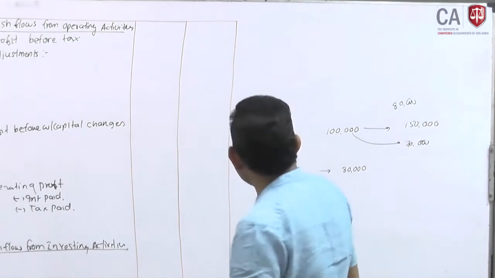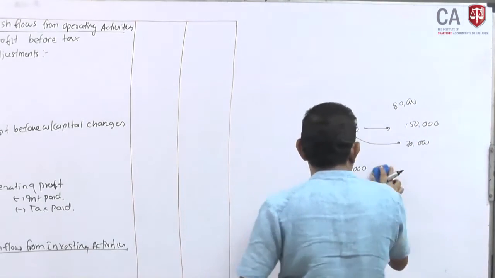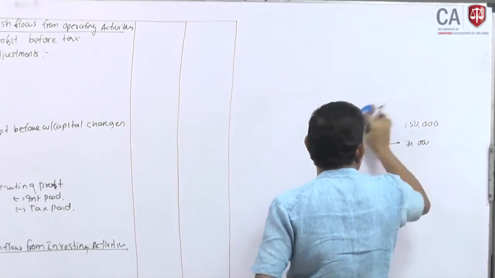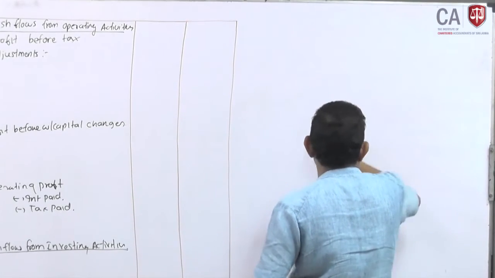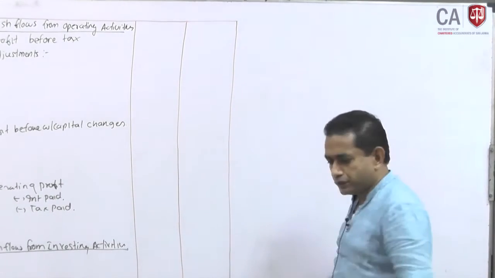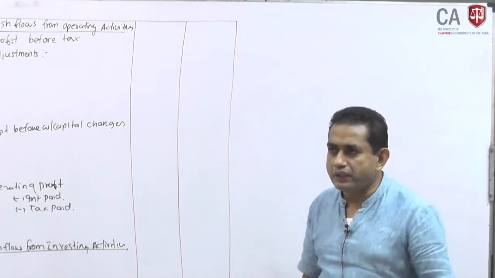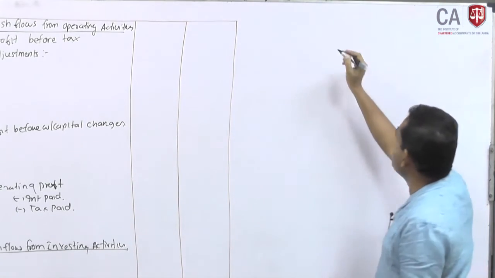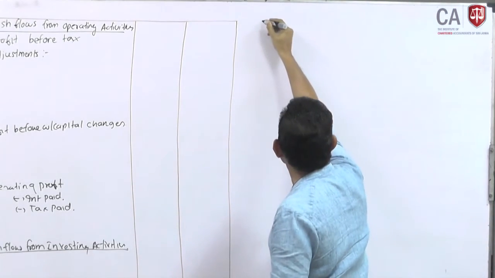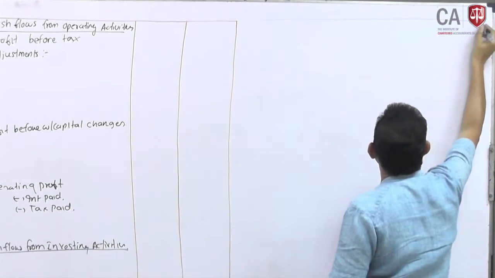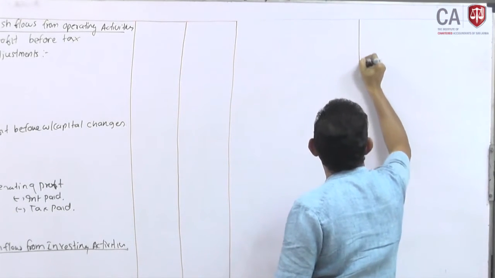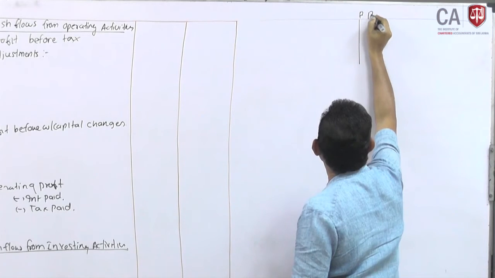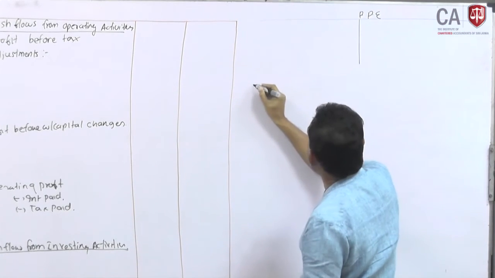We will open up the required T accounts everywhere where there are transactions, and let us find out the cash elements of transactions then. So, let me open up the property, plant and equipment account and asset disposal account.